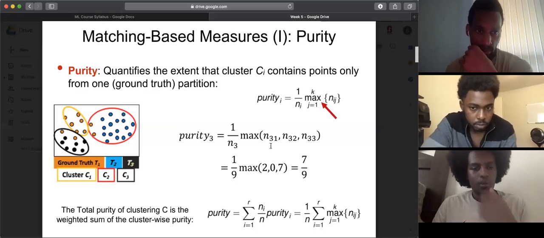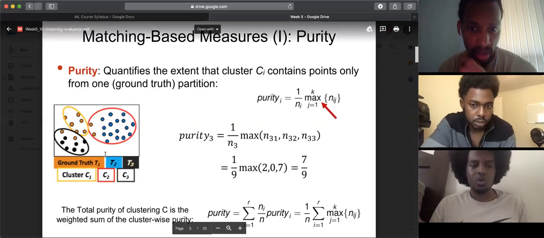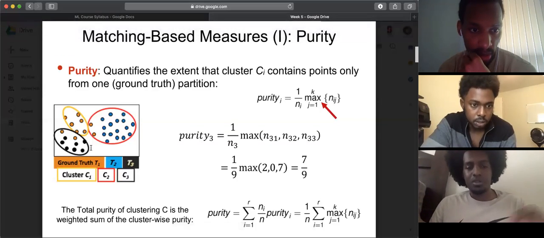Wait, oh, I got that mixed up. It's all within T3, but it's saying my T3 is black. There are 7 black dots. The second value, which is T2, is blue dots.